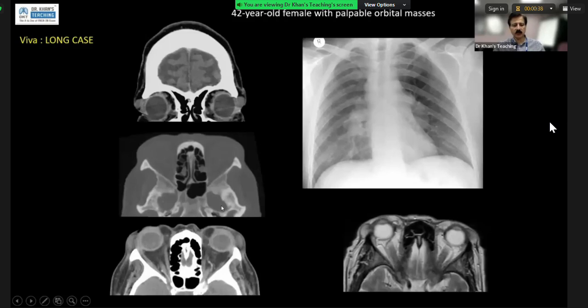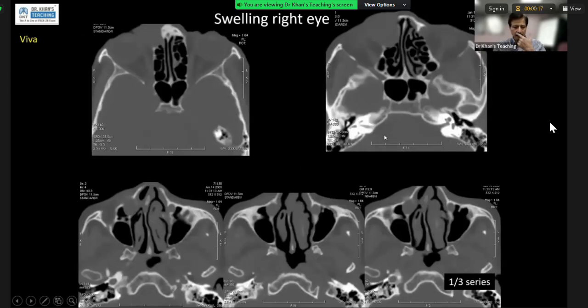This is a case of sarcoidosis where you can see bilateral lacrimal gland involvement with this kind of lobulated lymphadenopathy. So the point is, sarcoidosis, IgG4 related disease, and lymphoproliferative disorder, you can include anywhere in the differential diagnosis. This is the second last case of the day, and then will be the last case.